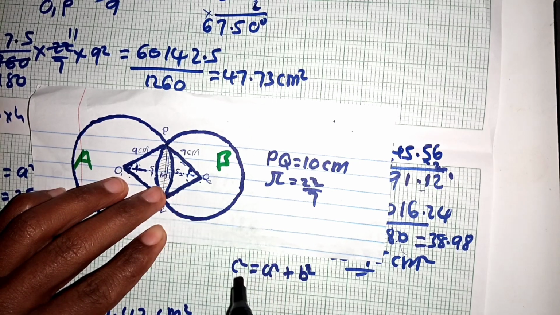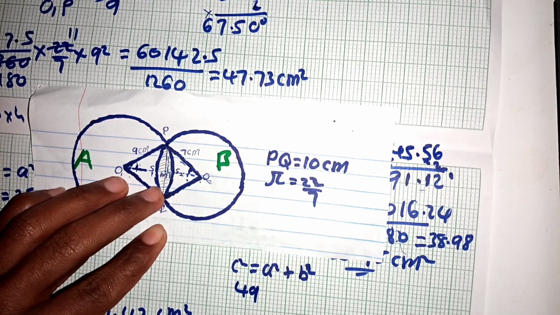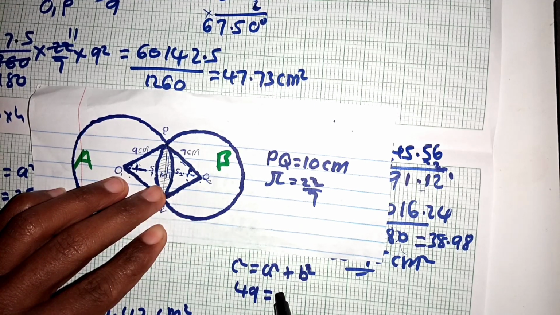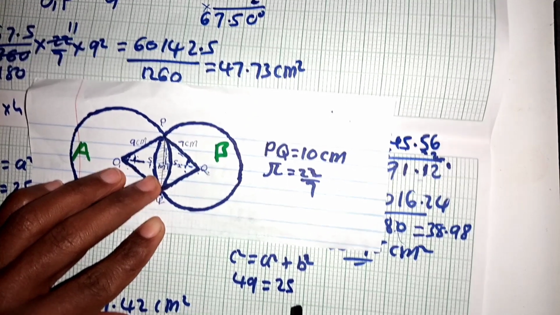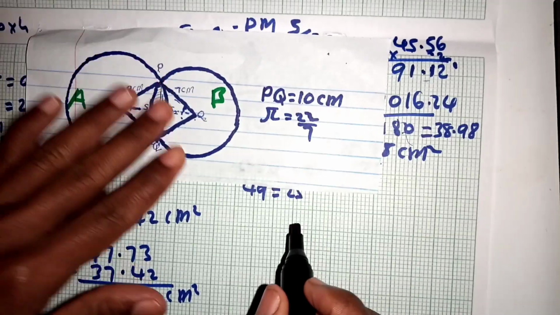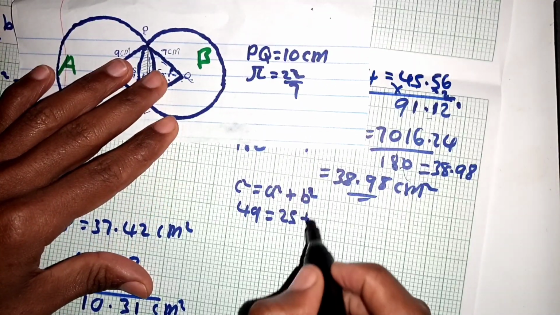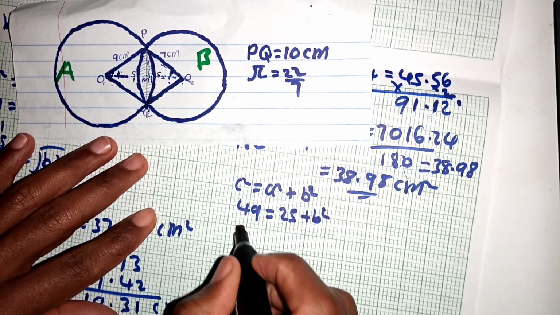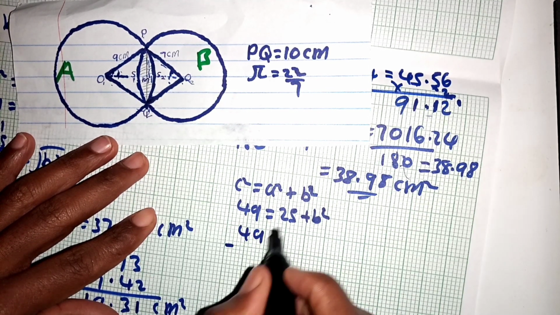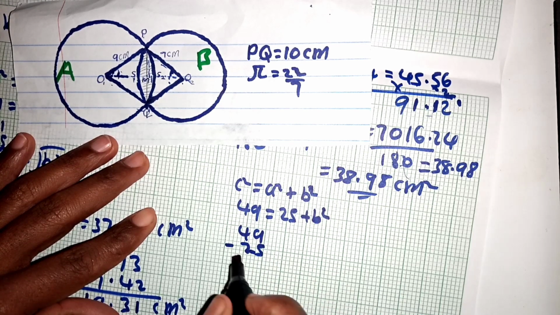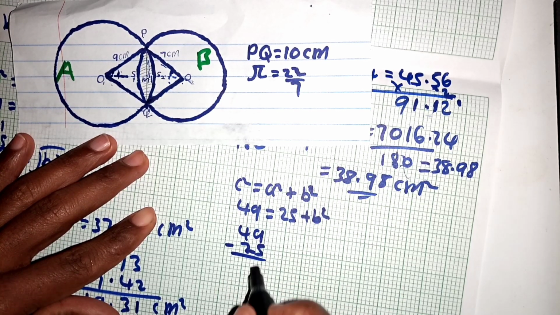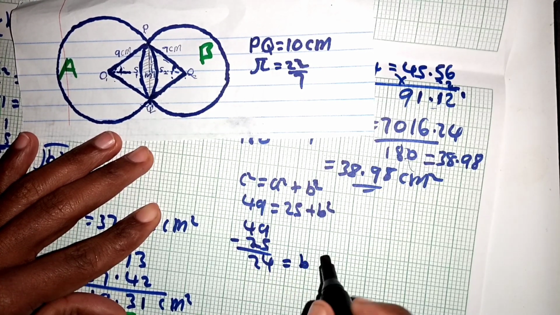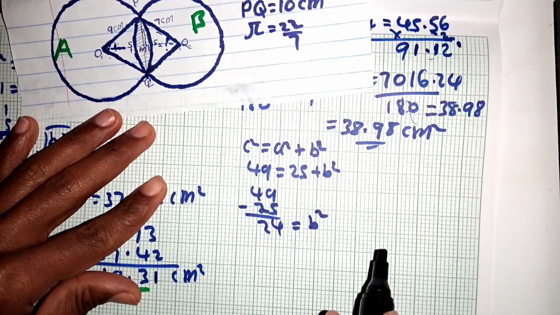So this is 49, because it is 7 squared, equals 5 squared is 25, and then plus b squared. So this one comes here, we subtract 49 minus 25. This is 4, this is 2, equals b squared.